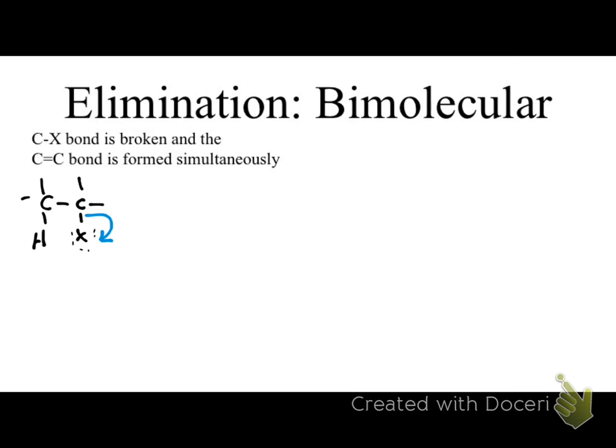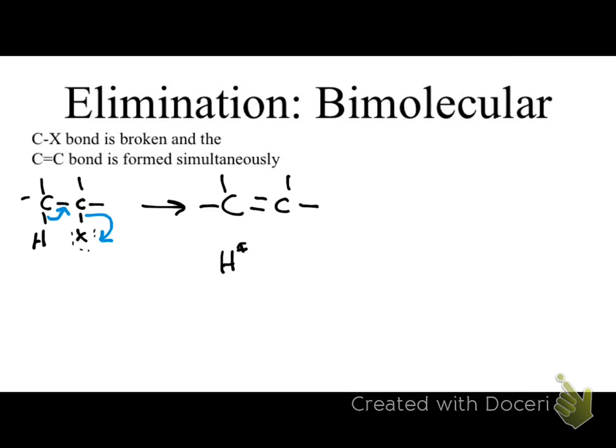We also need to form our carbon-carbon double bond. How do we make that? An arrow from the bond between the hydrogen and the carbon to the bond between the carbon and the carbon. Okay? And the result is what? Okay?